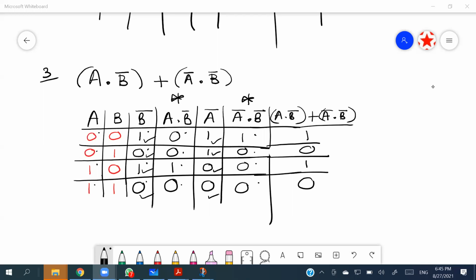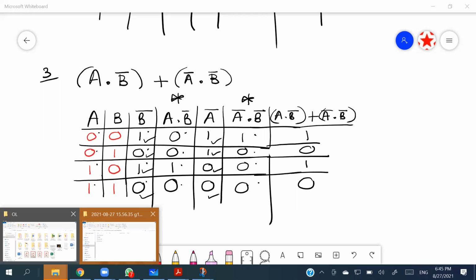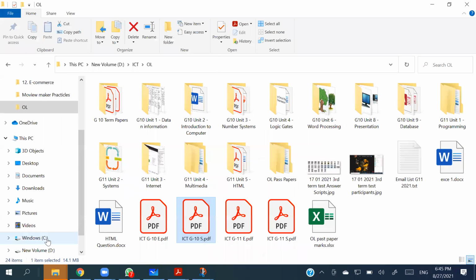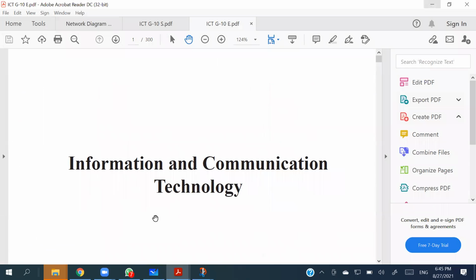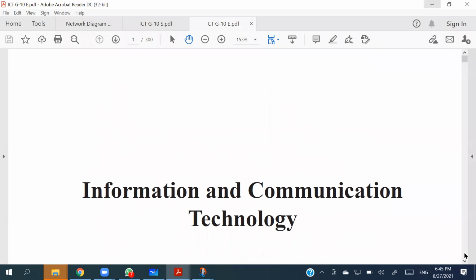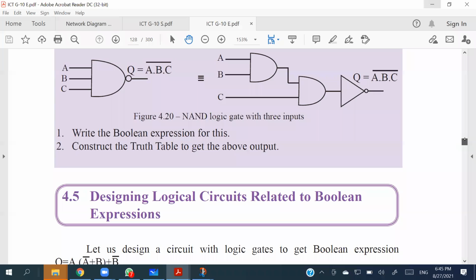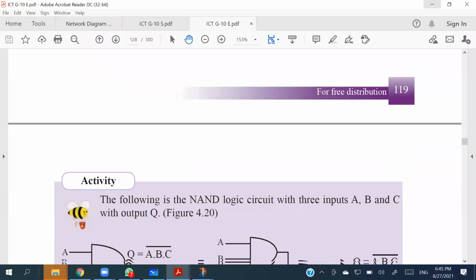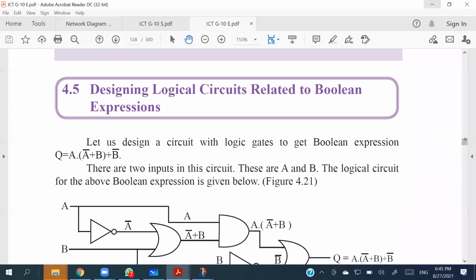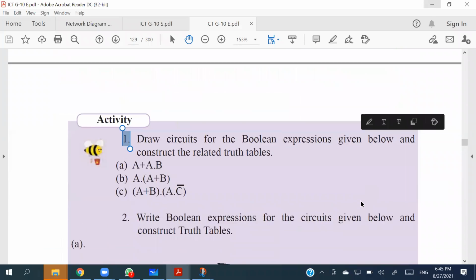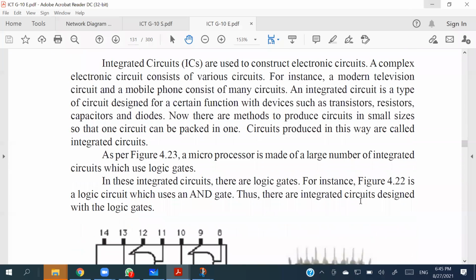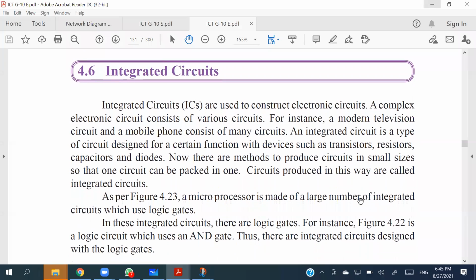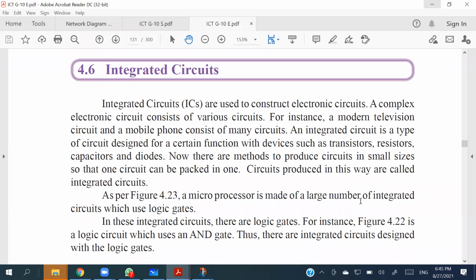So for that, I need to refer to your textbook. Hold on, let me take your textbook. Yeah, now in your textbook, if you got the textbook with you, just refer to it, right? So in the logic gates, we have done these things, and we are going to talk about the integrated circuits.